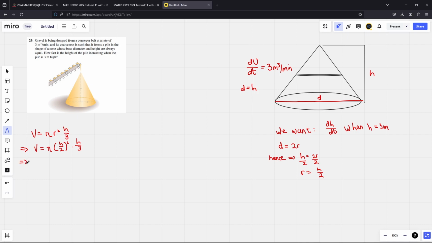Simplifying even further, by exponent laws, if I distribute that square in, I'll have V is equal to pi times h squared over 2 squared, which is 4, multiplied by h over 3.